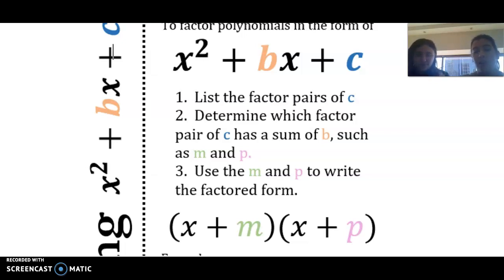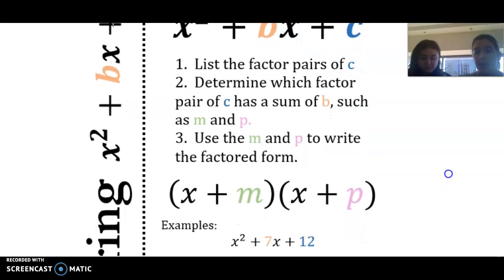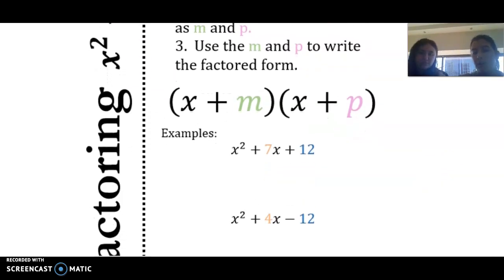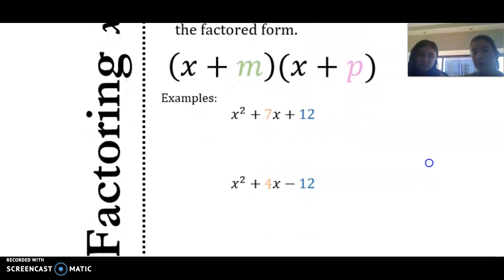Then, to completely factor our polynomial, we take our numbers m and p and write them in factor form: x plus m, x plus p. That should look familiar, remember? That was like our quarter 3 test. Yes, correct.